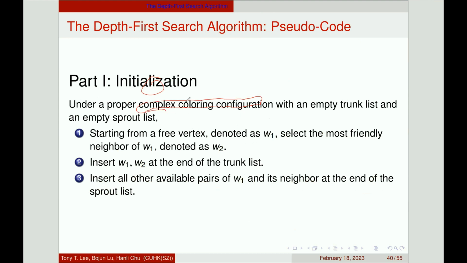And the key points of the coloring configuration I have highlighted. That is, for each node and also the edges incident to it, we only have one edge with the half red.